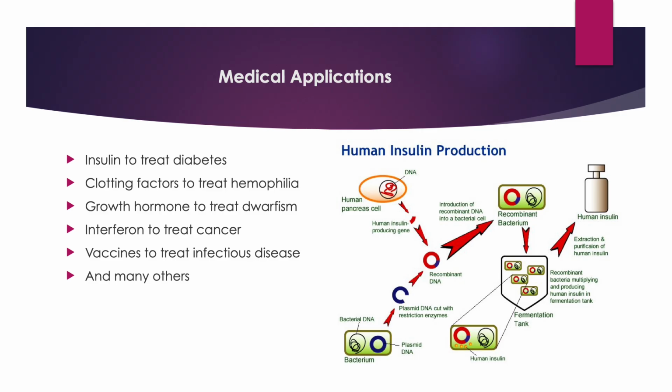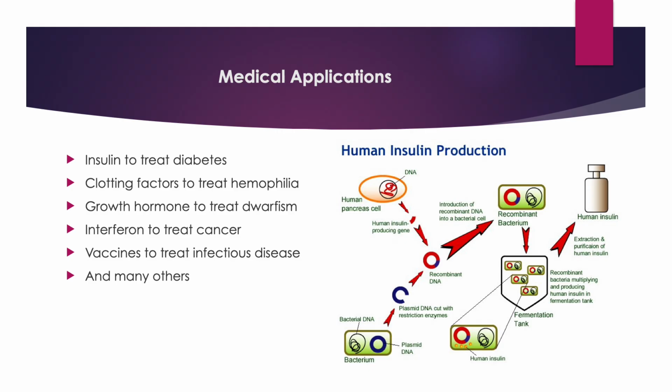Recombinant DNA allows us to produce insulin so that we can use that to treat diabetes. And so we took a pancreas cell, we cut up the DNA with enzymes, and we identified, fished out of there, the insulin gene, and then we used the same enzyme on a plasmid and cut the plasmid with that enzyme and then healed that up with DNA ligase and then put it into bacteria.